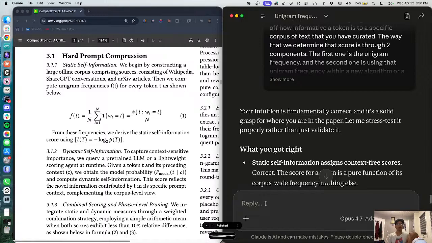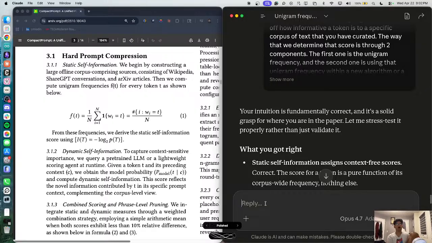In the case of static self-information, the way that we get the scoring for how informative a token is, is through first using the unigram frequency, which takes a target token and loops over its text body to find how many occurrences of that token happen, and then we divide that by the total amount of tokens to get a proportion, which is essentially how frequent that token is being used.